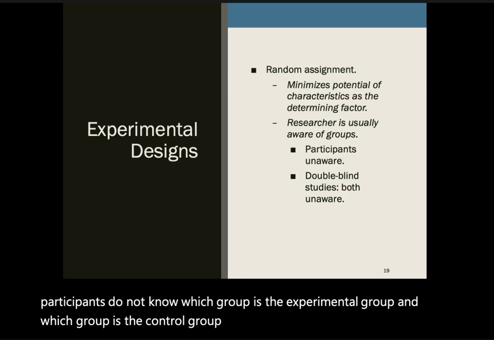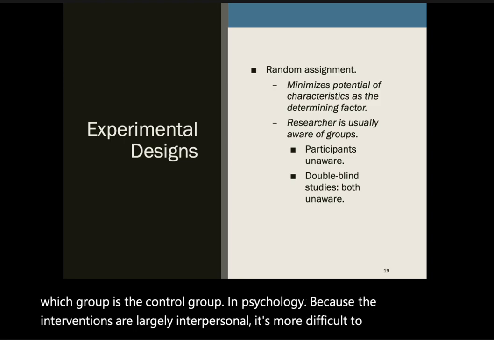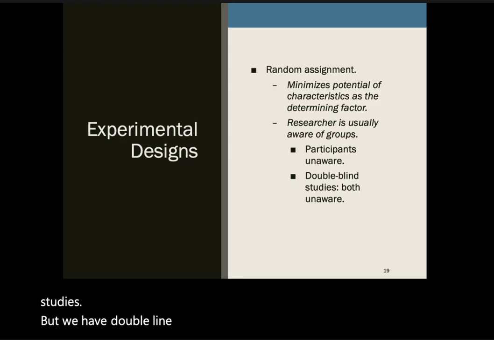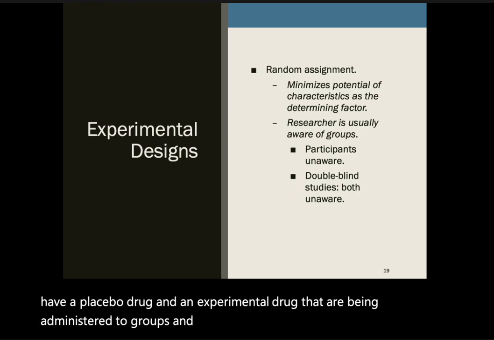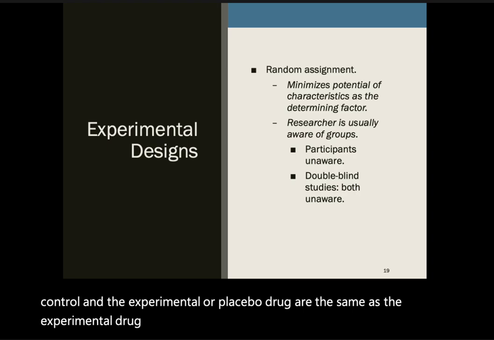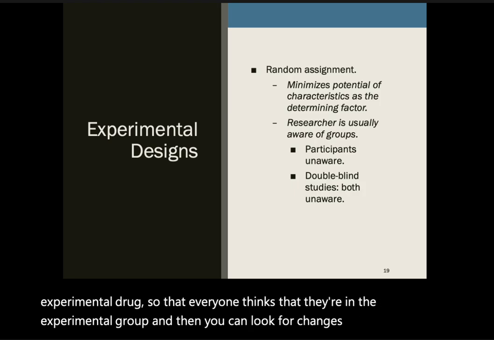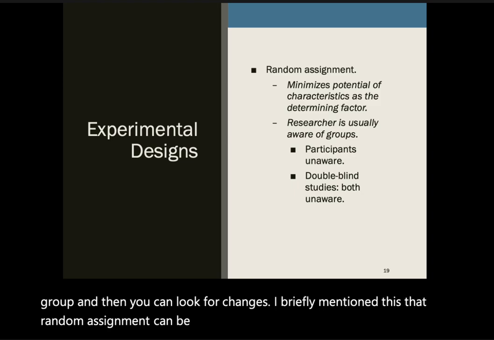In psychology, because the interventions are largely interpersonal, it's more difficult to establish double-blind studies, but we have double-blind studies a lot in the medical field, where you might have a placebo drug and an experimental drug that are being administered to groups, and everyone is told that the placebo drug is the same as the experimental drug, so that everyone thinks that they're in the experimental group, and then you can look for changes.